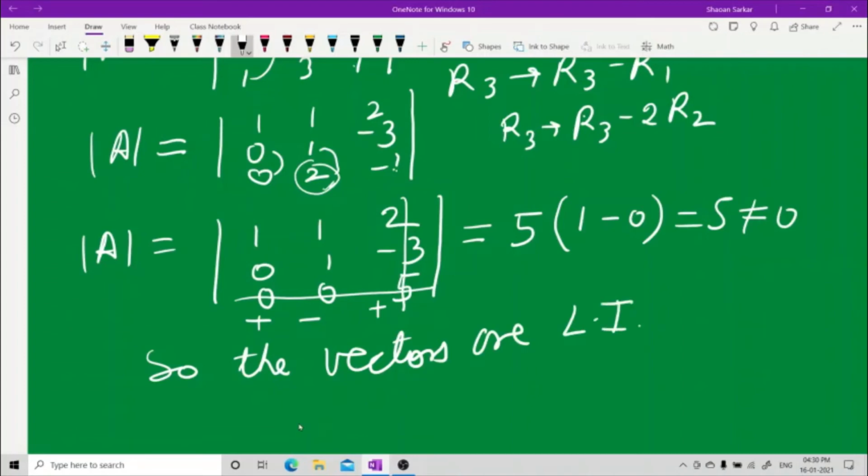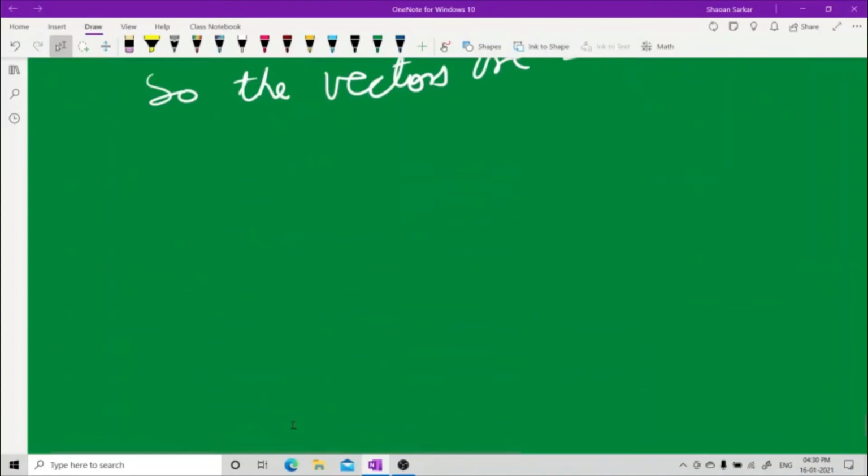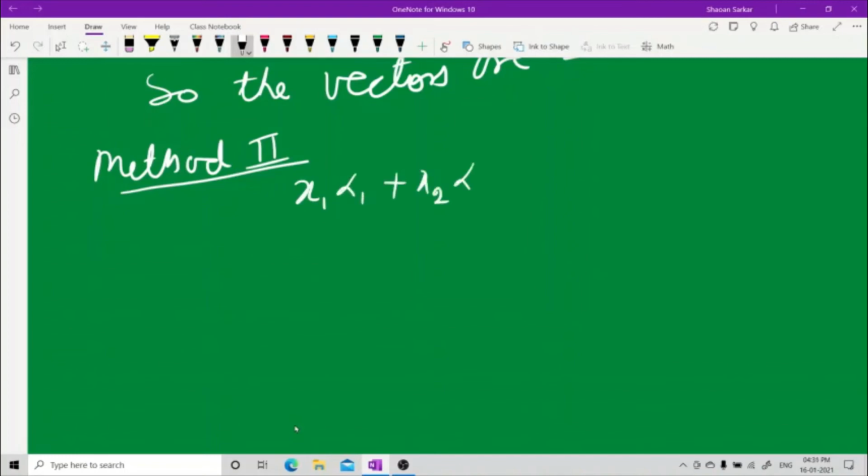Or one more thing you can do: method 2. You write this as x1 alpha 1, x2 alpha 2, x3 alpha 3 equal to 0.